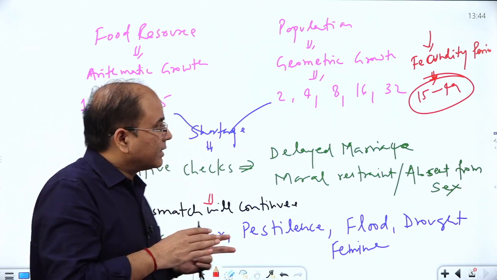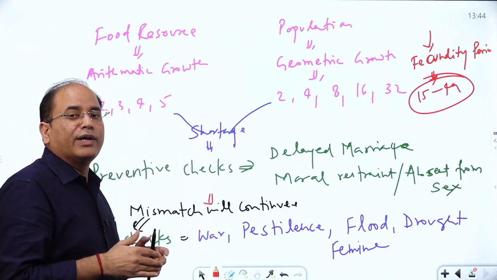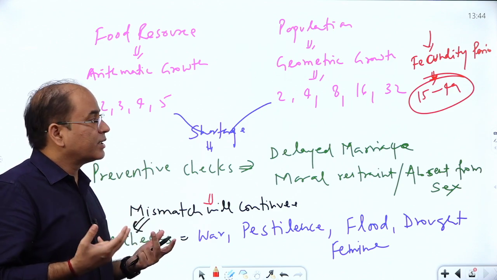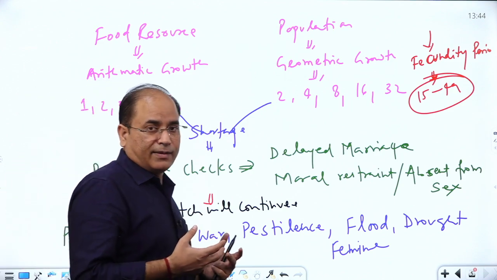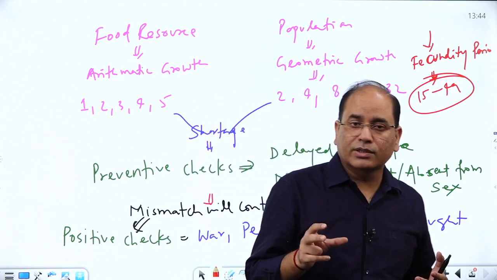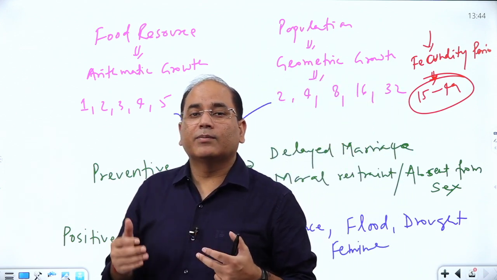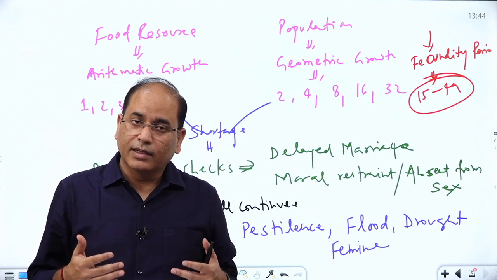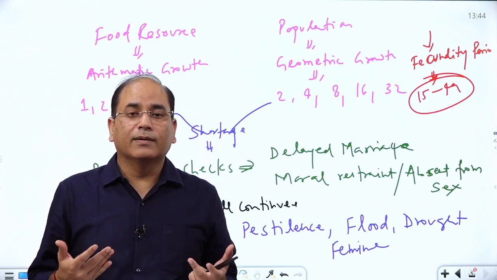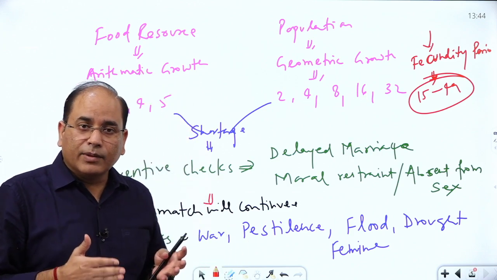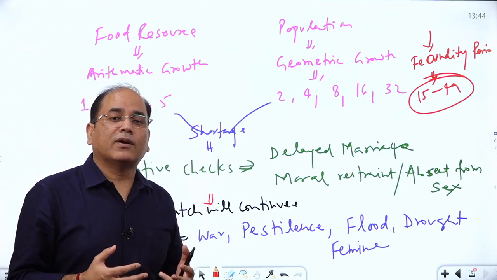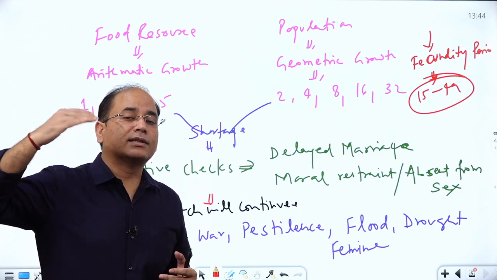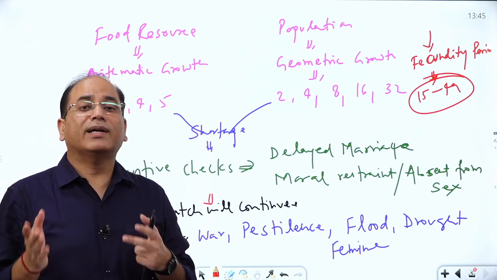He suggested that society's population is growing rapidly, in geometrical progression, and because food resources are growing arithmetically, over a period of time a gap, a shortage of food, will prevail. When the shortage prevails, people will start devising some methodology to tackle this sudden rise of population. So people will go for preventive checks.